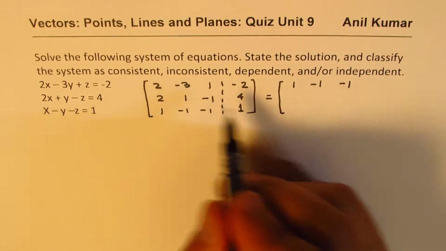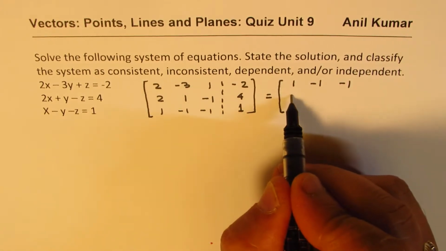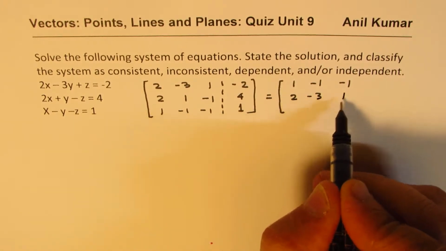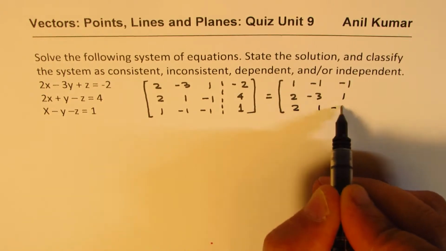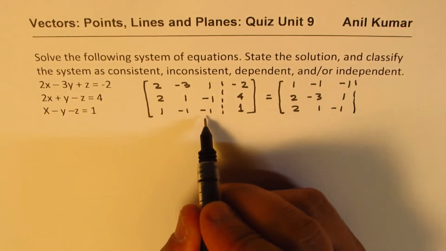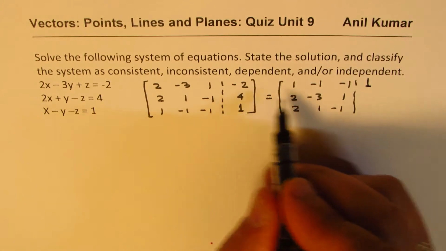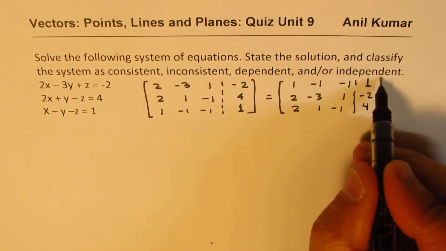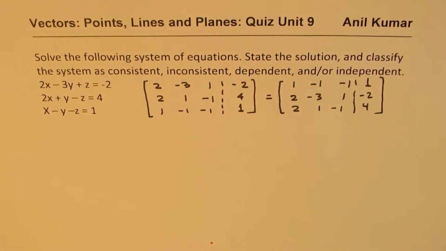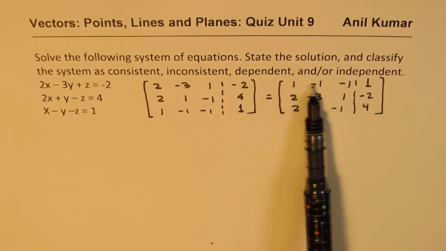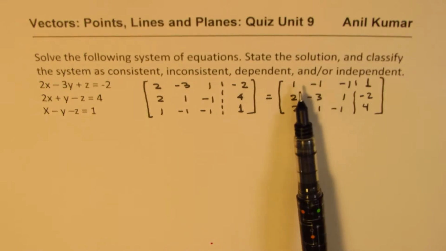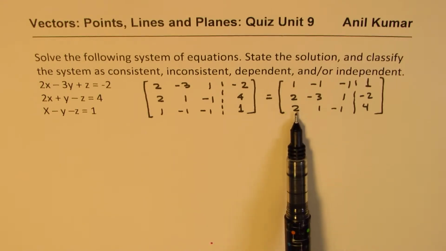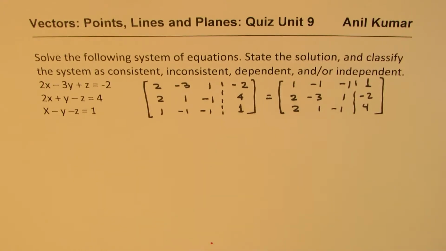So I'm taking this on the top and then rearranging. So we get 2, minus 3, 1, 2, 1, minus 1. That makes things simpler, since we are always keeping the very first row the same and trying to get the 0.